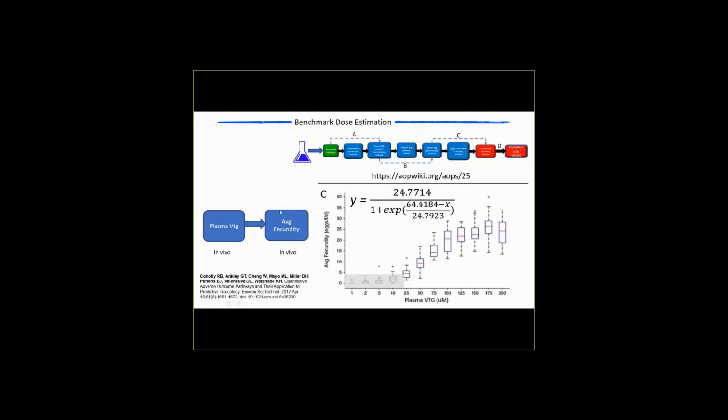And so for AOPs with this kind of quantitative understanding, that allows us, for a novel chemical, to bridge all the way from identifying the concentration of that chemical in an in vitro assay that produces the same level of response that we see for a reference chemical, in this case the aromatase inhibitor fadrozole.